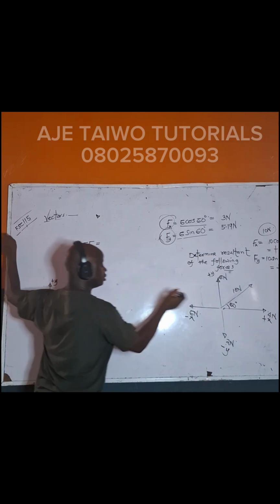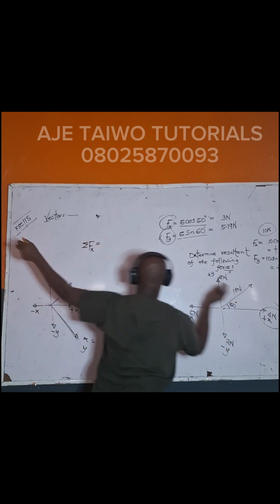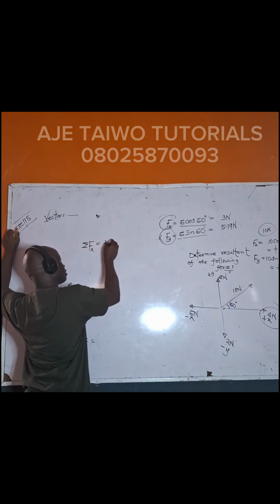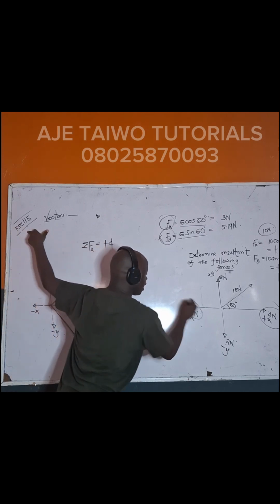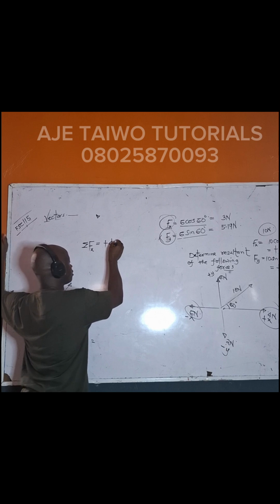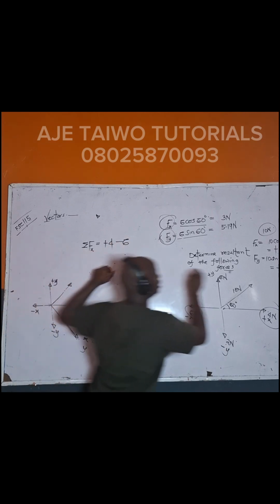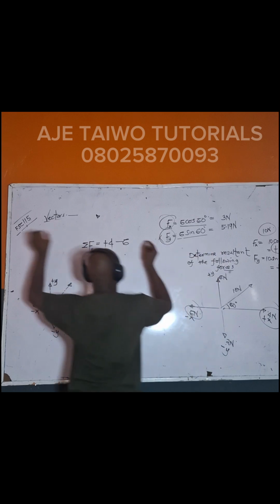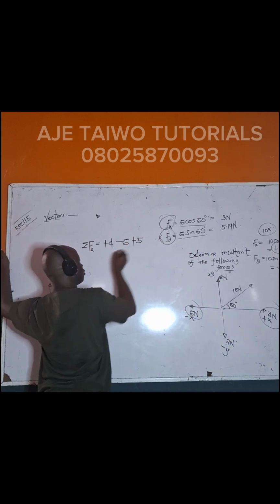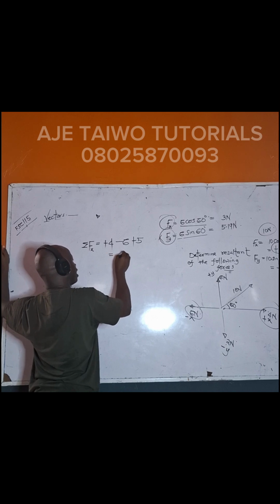The 4 here, is it plus or minus? Plus. The 6 here, is it plus or minus? Minus. The X I got here, is it plus or minus? Plus. What's the final answer? 3 Newtons, and it's plus.